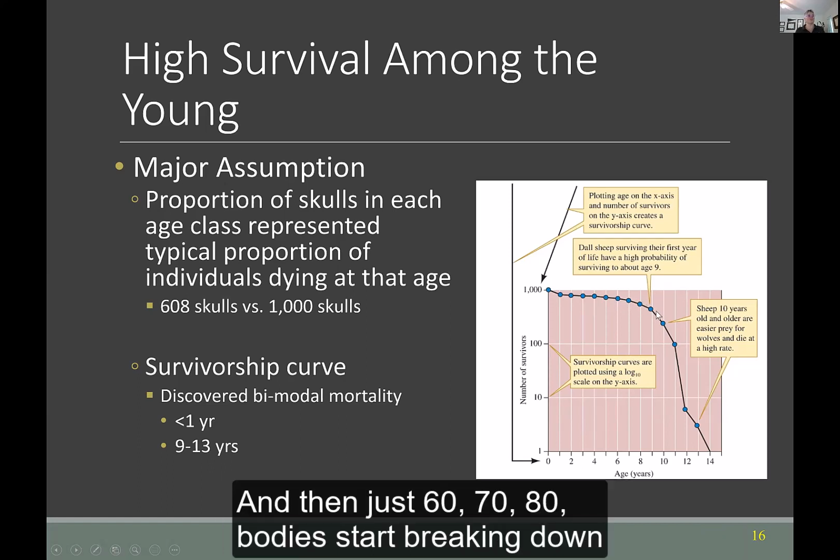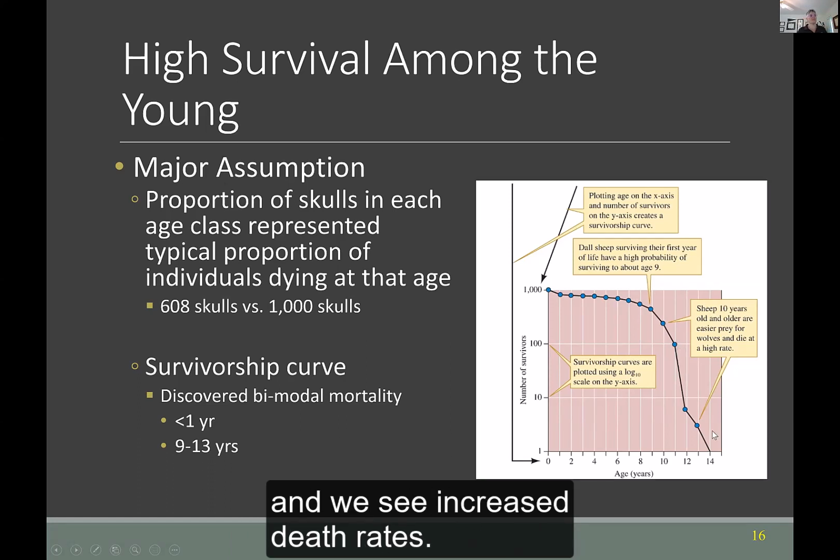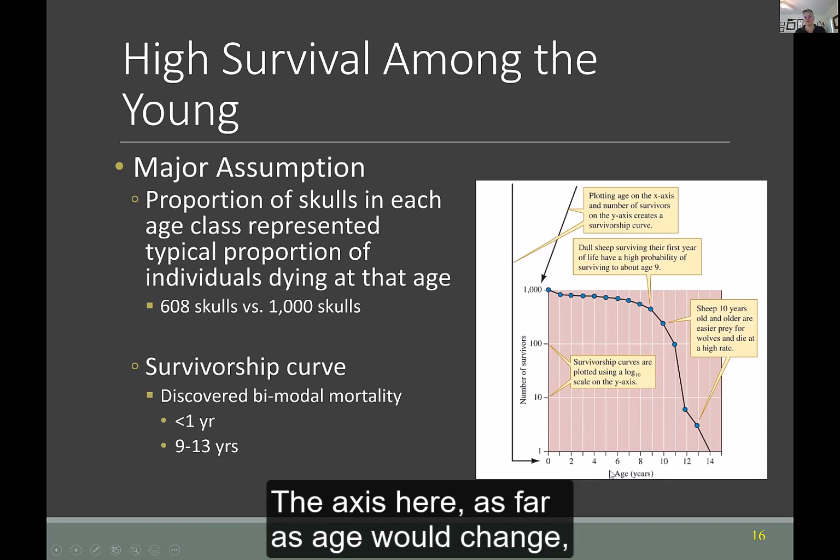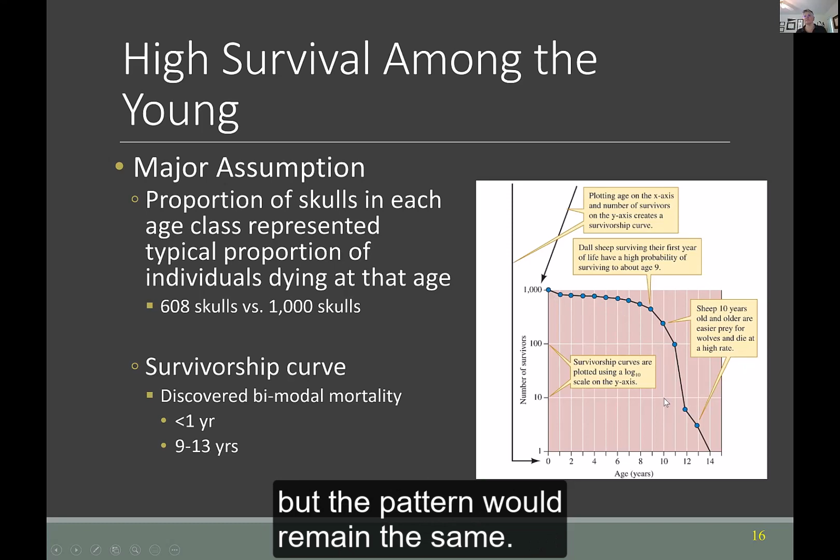And then just, 60, 70, 80, bodies start breaking down, and we see increased death rates, right? And so we as humans would follow this exact trend. The axis here as far as age would change, but the pattern would remain the same.